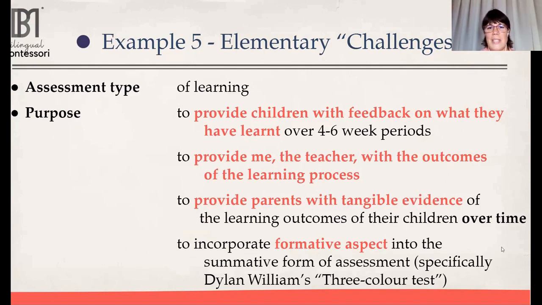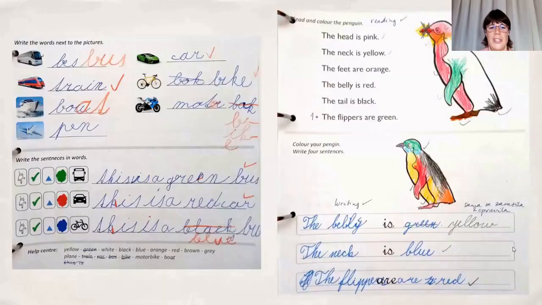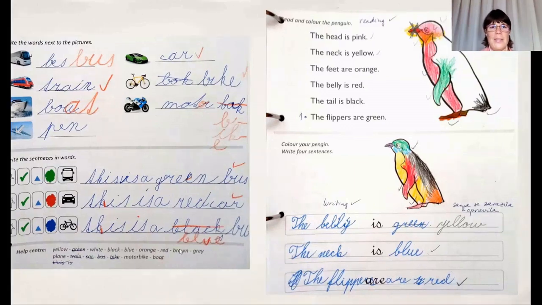And the reason why the children like the challenges so much is that I am the last person to correct it. The way it works is that they have a page, and they're supposed to write down the tasks.